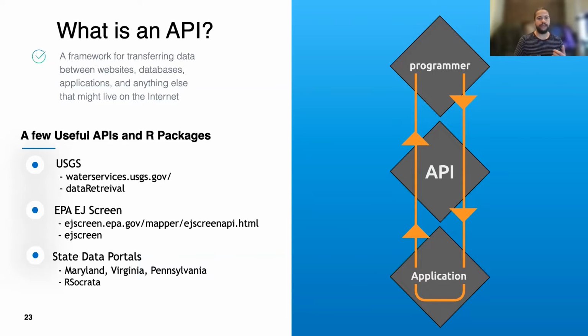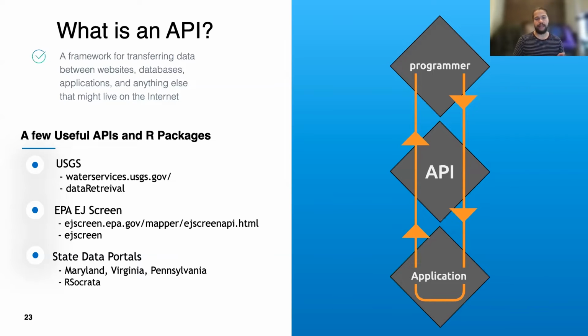One example is USGS. USGS has 10,000 plus stream sites around the country that are monitoring temperature, gauge height, discharge rate, and all that type of data. You're able to get that data, query against stations, look for stations with particular parameters, and a variety of other aspects through their endpoint at waterservices.usgs.gov.